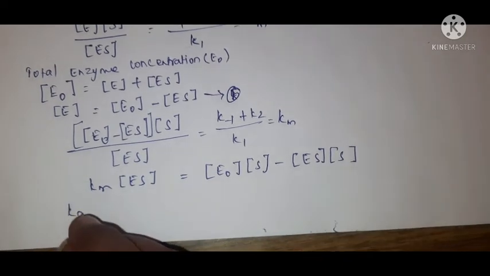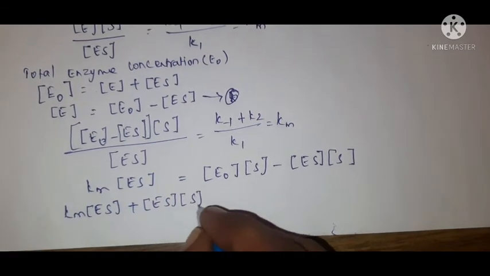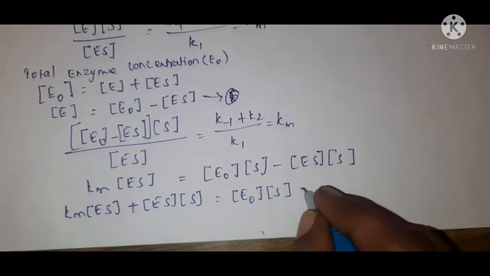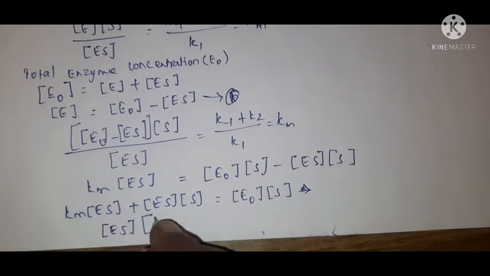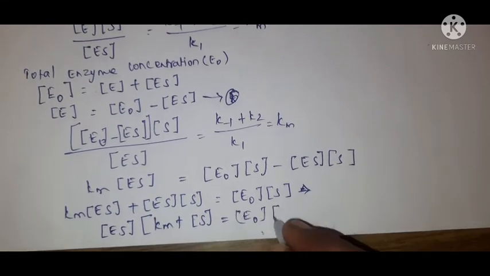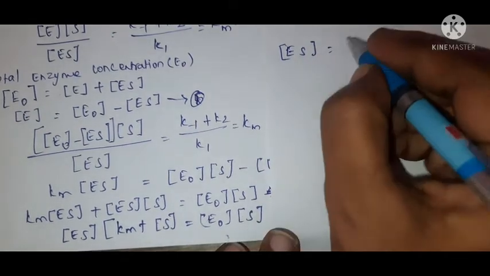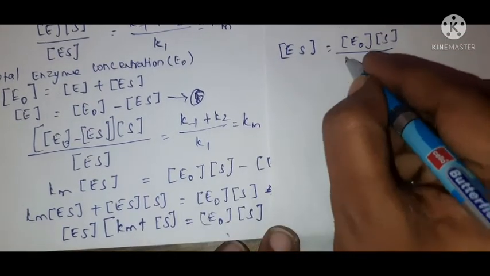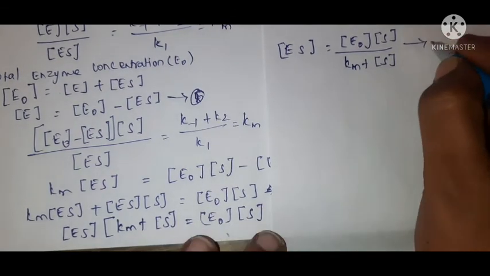Km into ES plus ES into S is equal to E naught into S. So ES into Km plus S is equal to E naught into S. So ES is equal to E naught into S divided by Km plus S. Okay. So this is your equation number 6.